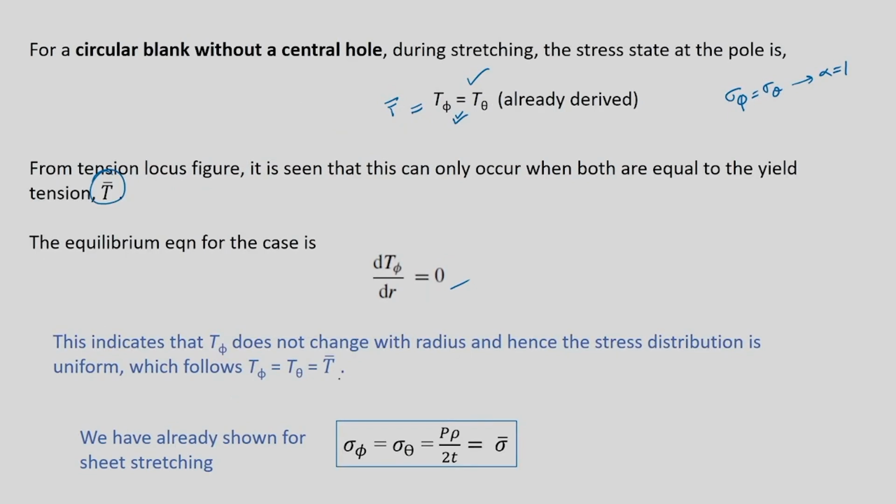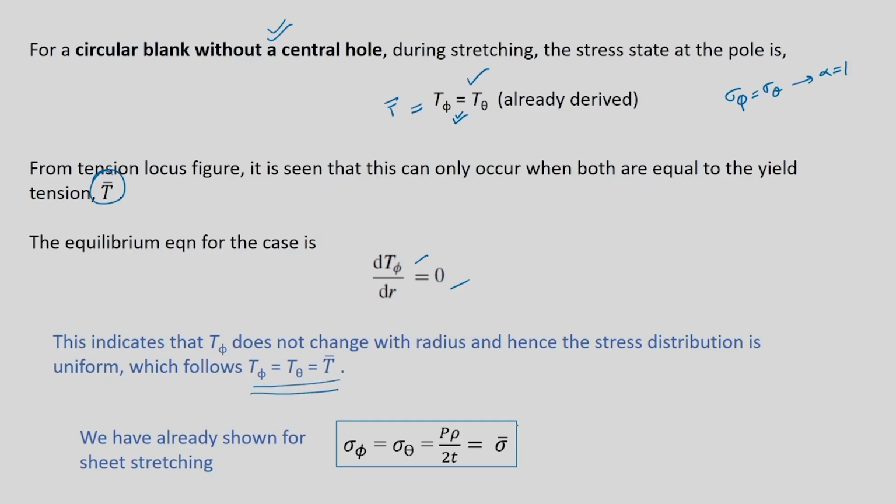Anyway, the only difference here is that only the first part of the previous equation comes into the picture: a circular blank without a central hole, which is nothing but the previous one, a conventional stretching. This indicates that T phi does not change with radius, and hence the stress distribution is uniform, which follows T phi is equal to T theta is equal to T bar.